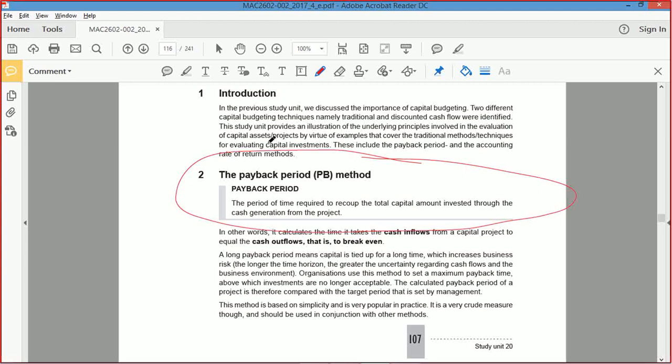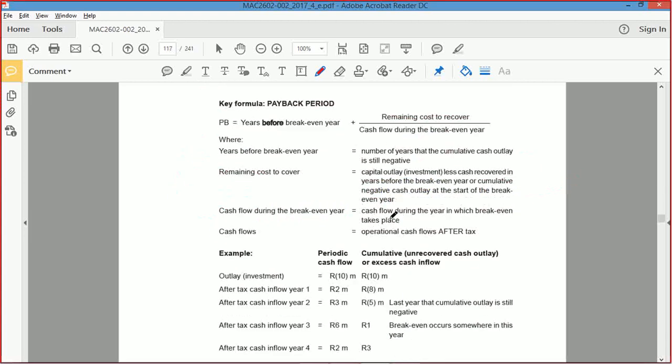Basically break even. It's looking at where the break even point is. How soon do I have to wait in terms of getting back my initial investment? Obviously, from a resource point of view, you want to get back what you put in as soon as possible, right? Yes, sir. Correct.